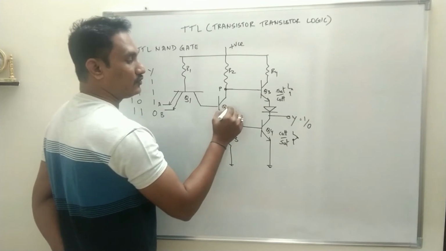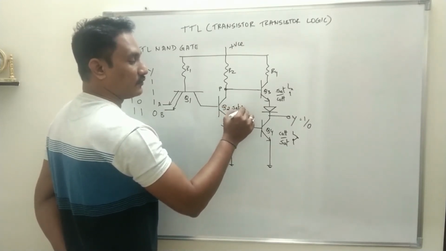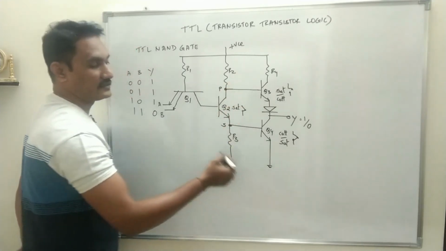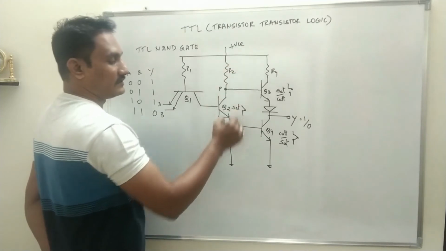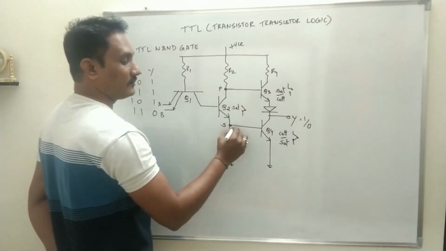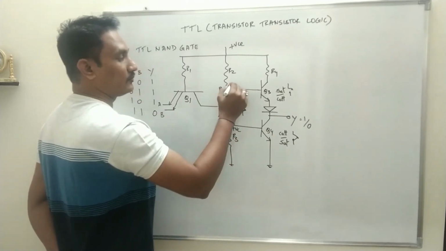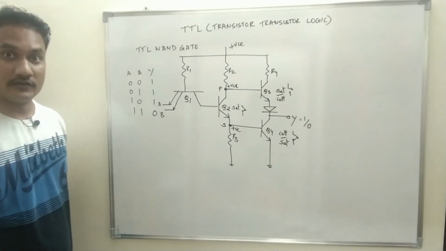So if Q2 transistor goes into saturation, that means current is flowing through the transistor. As there is a resistance, the current will flow through the resistance, voltage will be developed, both points P and S will be plus VCC, a positive potential.